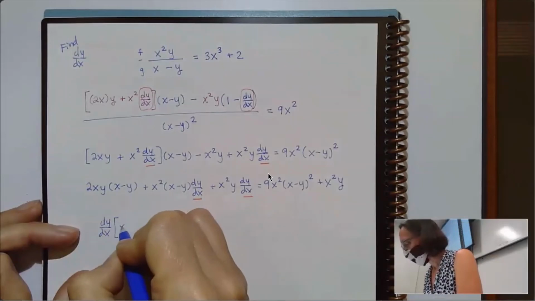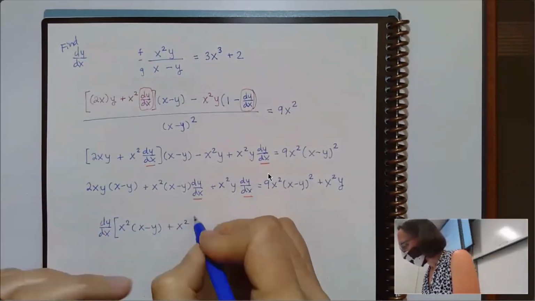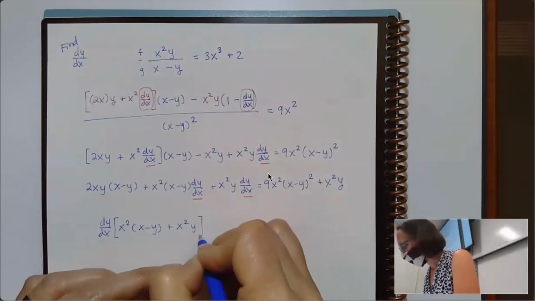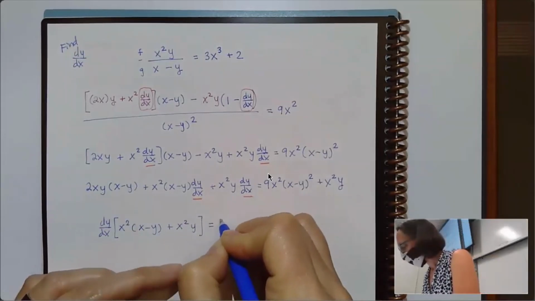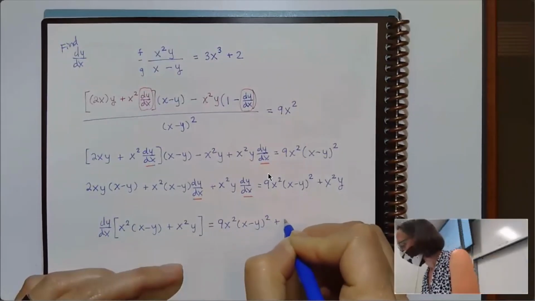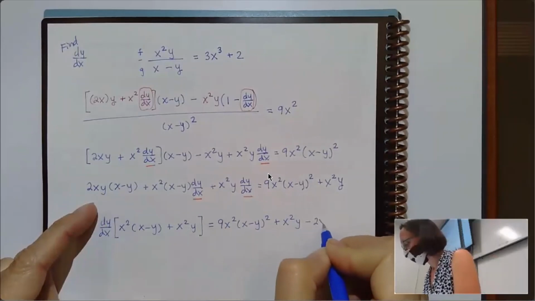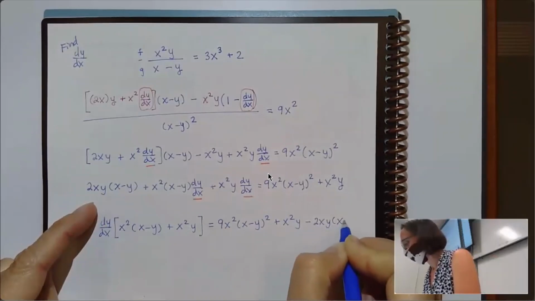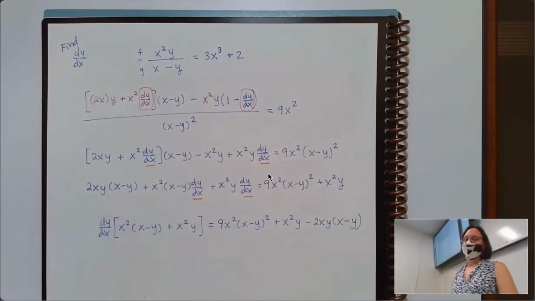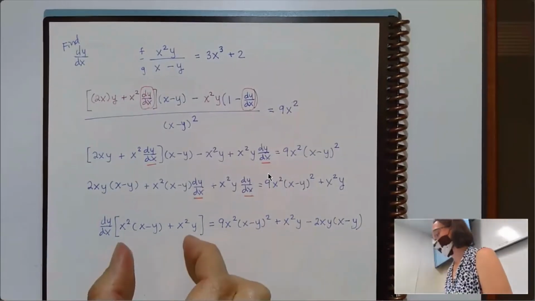So I'll have x squared times x minus y plus x squared y. And on the other side, I've got 9x squared times x minus y whole thing squared plus x squared y, and then I'm subtracting off the 2xy times x minus y. And my last step would be to divide by this thing.